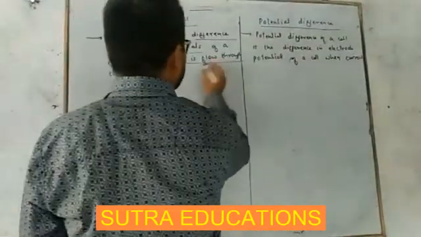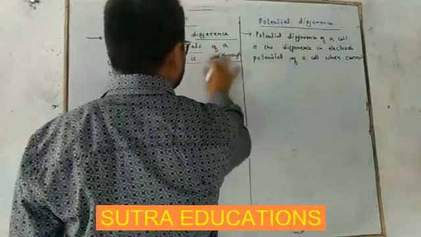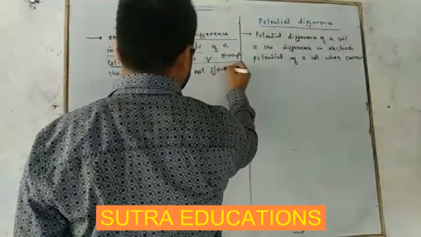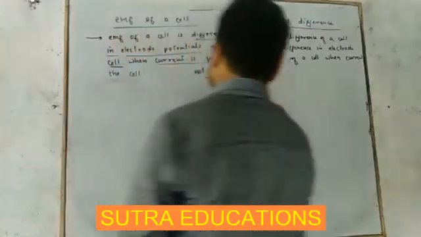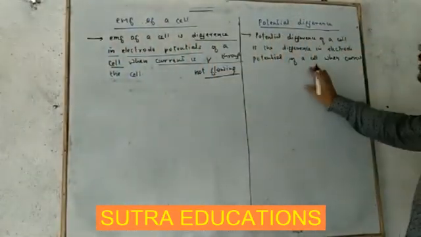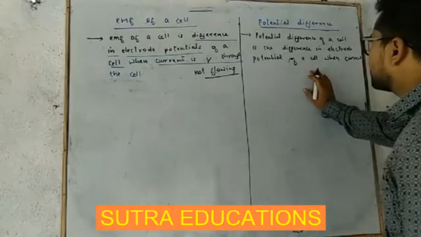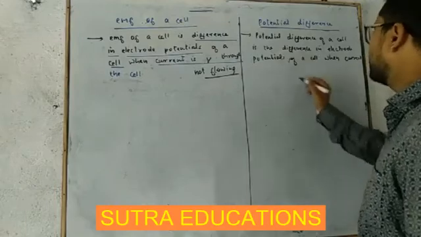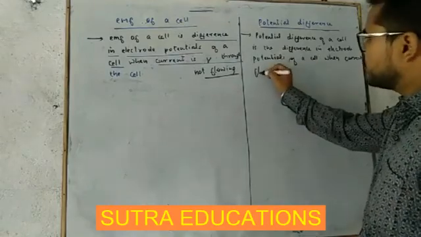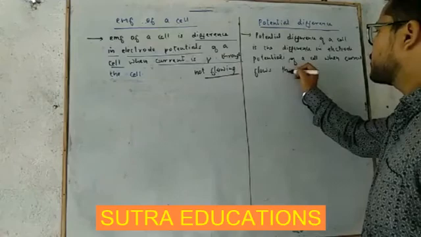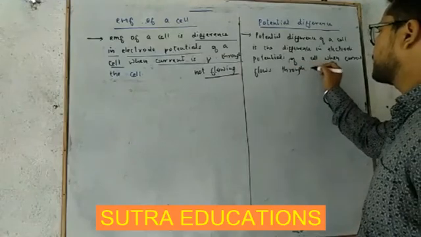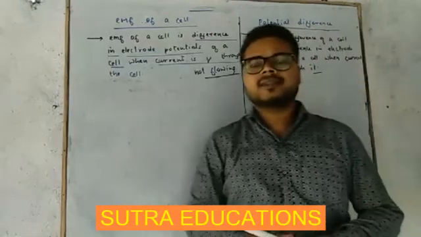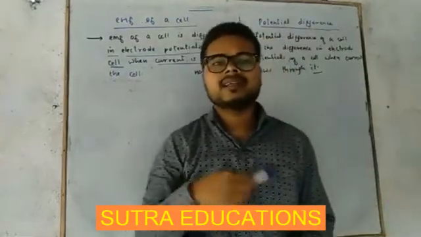Here it is: EMF of a cell is the difference in electrode potential of a cell when current is not flowing, while potential difference of a cell is the difference in electrode potentials of a cell when current flows through it. If there is potential difference, then due to this potential difference, current starts flowing.